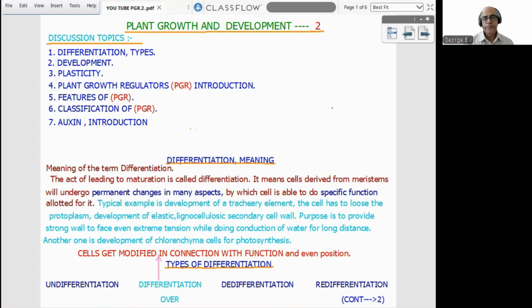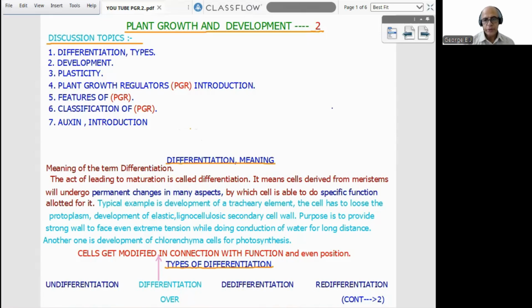Typical example, development of tracheal elements connected with the xylem. The cell has to lose the protoplasm. Along with it, development of elastic, lignocellulosic secondary cell wall.